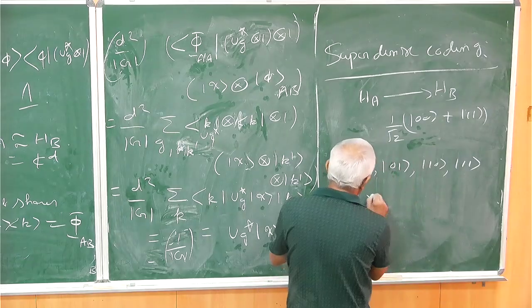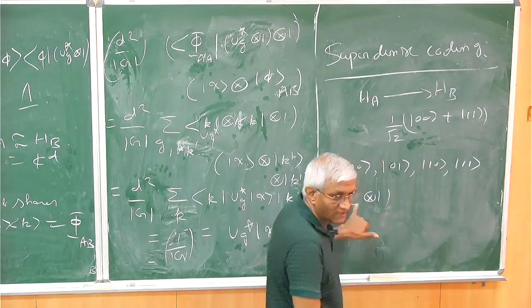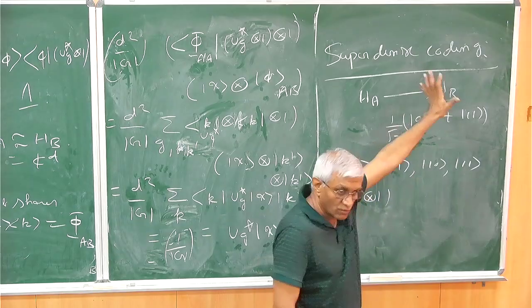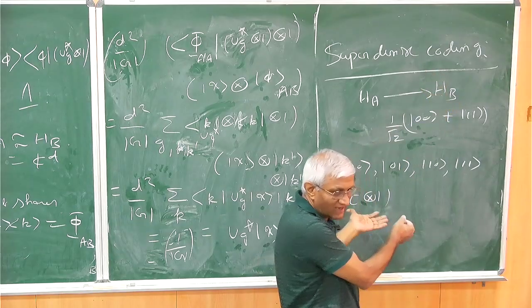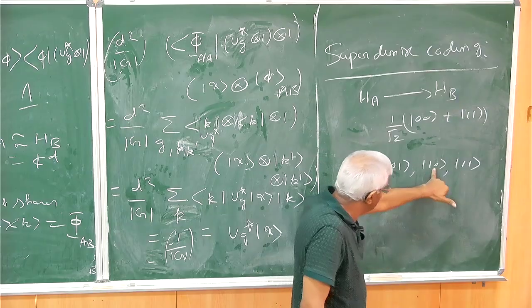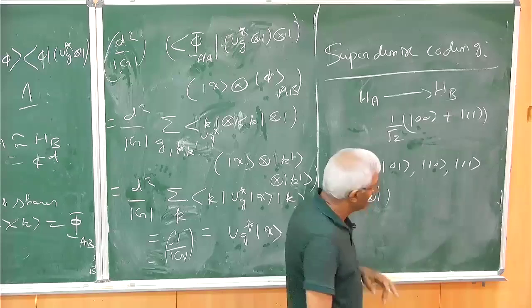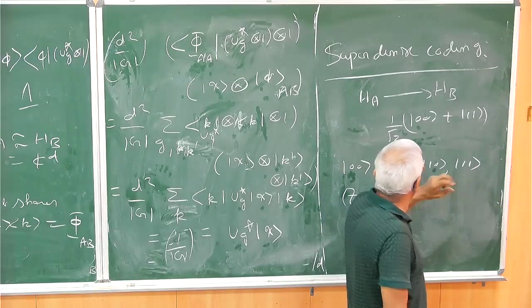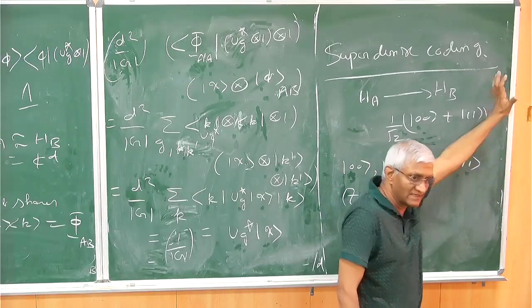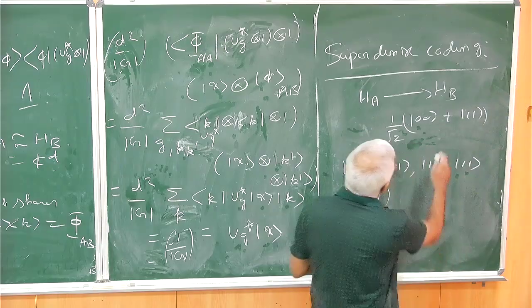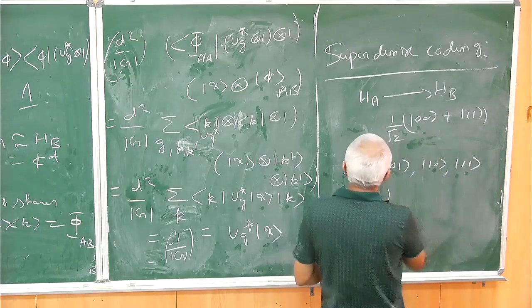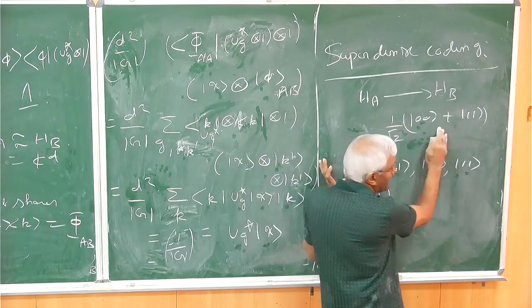She can do local operations, so she applies Z tensor 1 and sends that qubit. If she wants to send this one, she applies X and sends it. If she wants to send this one, then ZX, and sends it. Once she applies it, the state will be this.